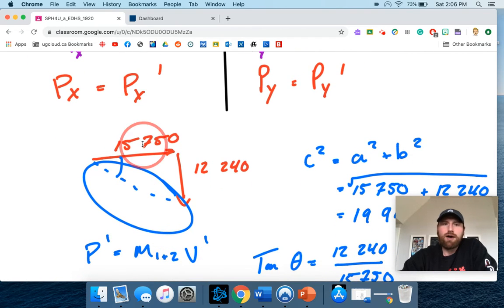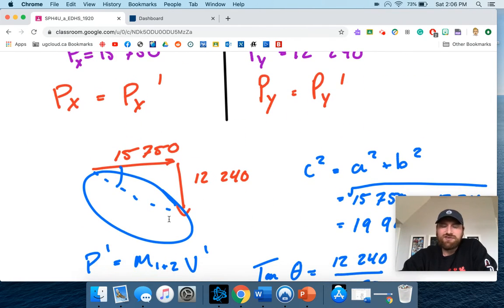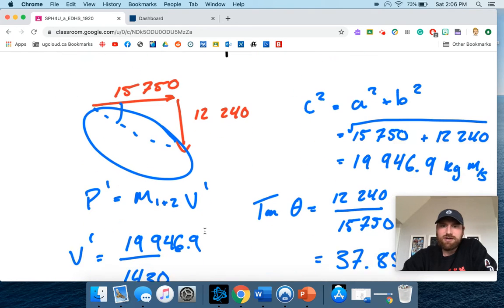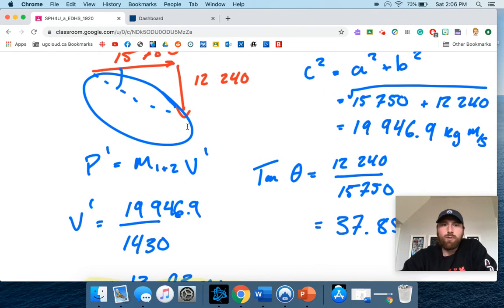So we can just redraw and make this new triangle where we take this vector and this vector, the x and the y, and we solve for this momentum vector here using Pythagorean theorem with the new mass of mass 1 plus 2, because we know that it's hit and stick.